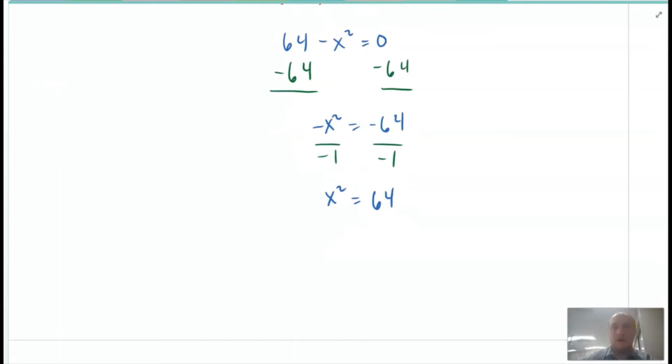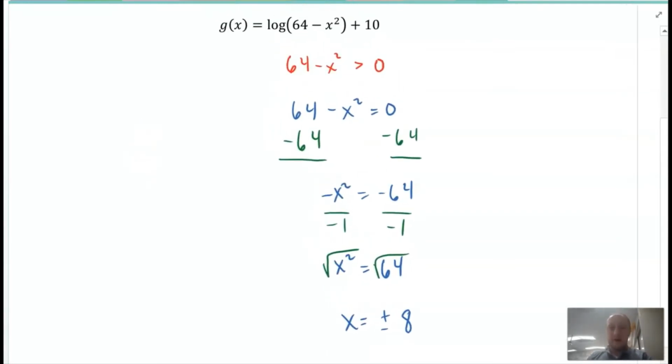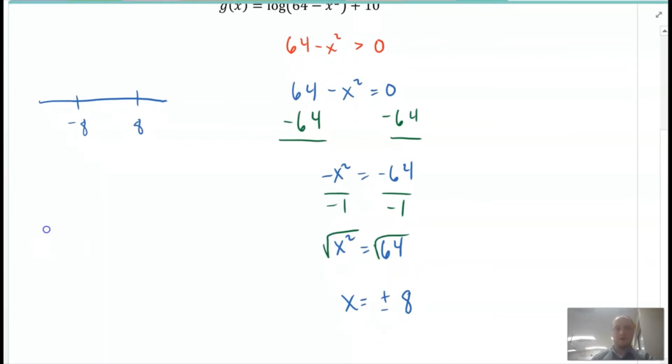And then we'll take the square root of both sides, giving us x is equal to plus or minus 8. Okay, so what I've solved for, these are the critical numbers. These are where the argument is equal to 0. So again, we'll draw a number line, -8, 8. So here are our critical numbers.